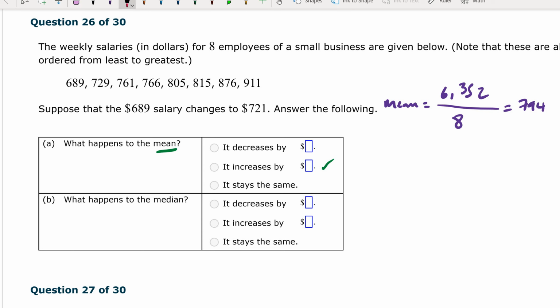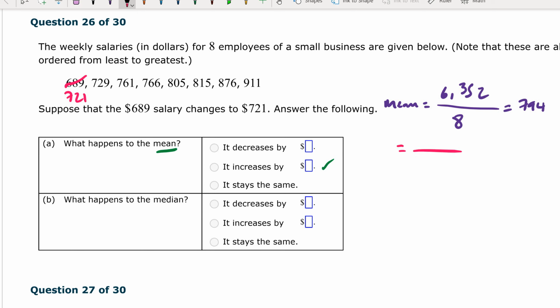Now if I replace 689 by 721, okay, so let's go back. 721, same thing, add 729, 761, 766, 805, 815, 876, and 911. Okay, so that will give you, I think I am mispunching this.